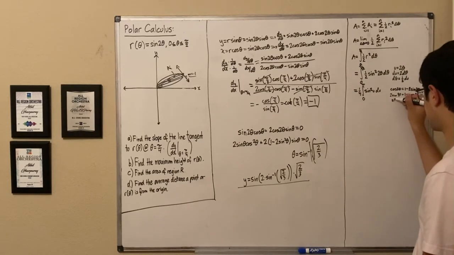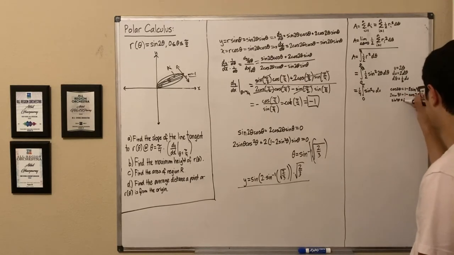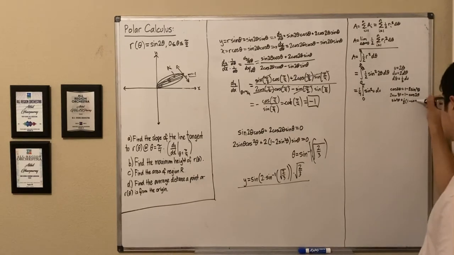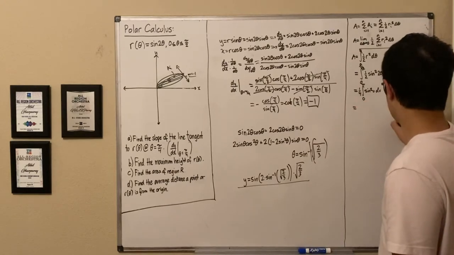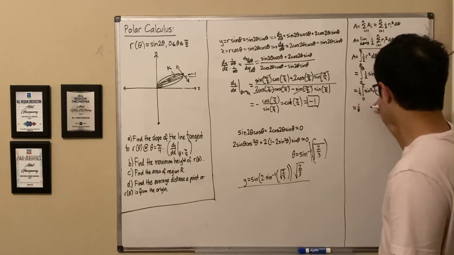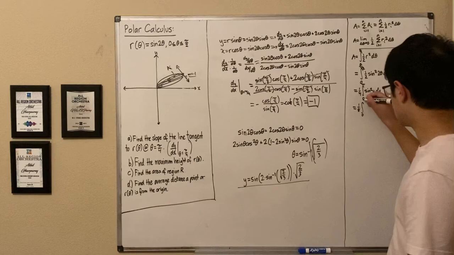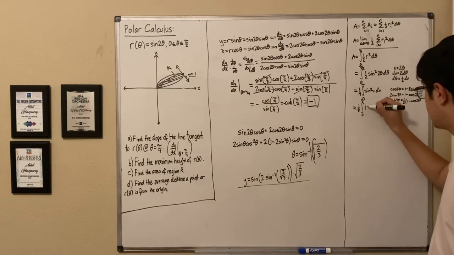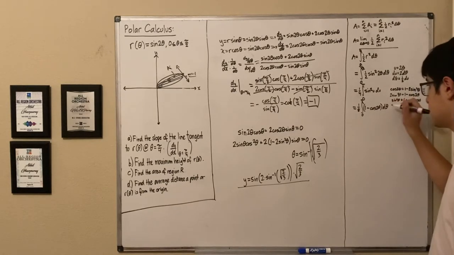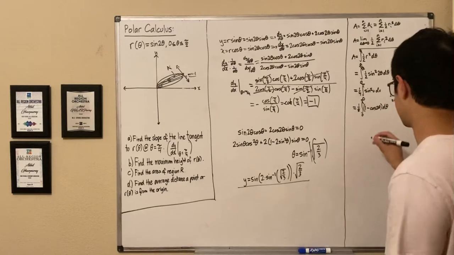So dividing both sides by 2 gives us sine squared theta equals 1/2 times 1 minus cosine 2 theta. So you notice this becomes 1/8 times the integral from 0 to pi of 1 minus cosine 2 theta d theta. And now we can just evaluate this integral.